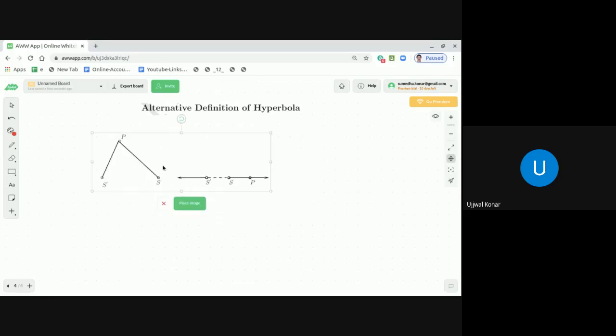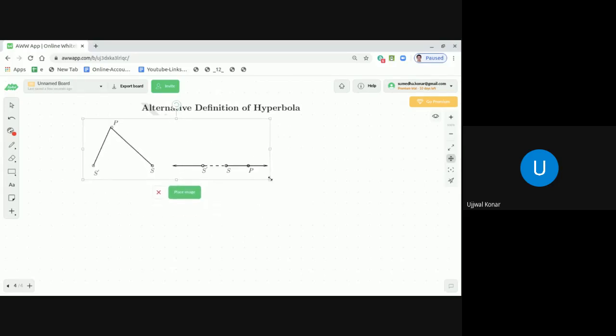So look into these two diagrams, and then let me start explaining the significance of this diagram here. You see S and S'. Let us consider these two points S and S' to be two fixed points, dear students. So this is the point S, this is the point S'. Here also, here is the point S and this is the point S'.